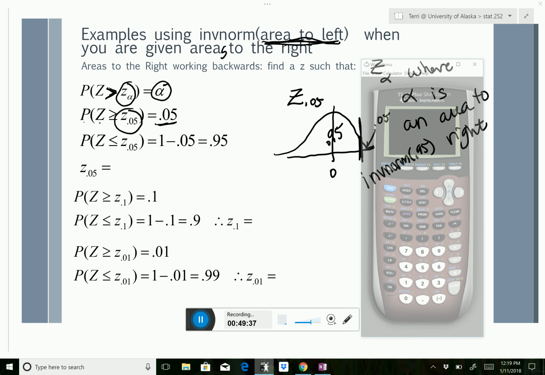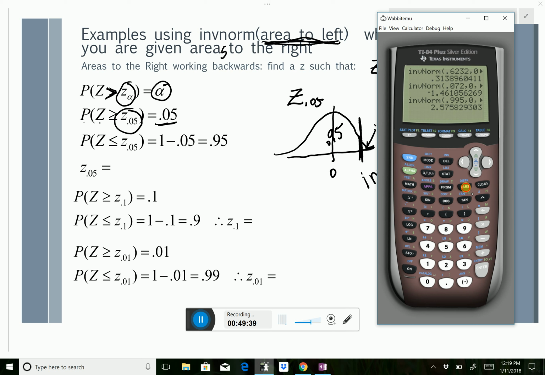So let's do that. Inverse norm 0.95. And we get 1.645. Again, I go 3 on that one just because it looks better.